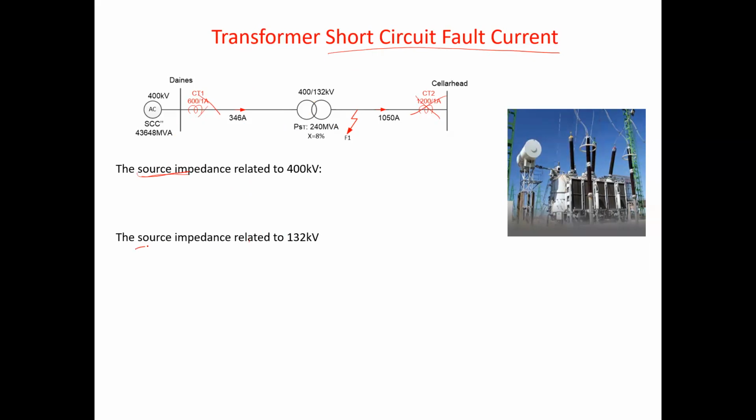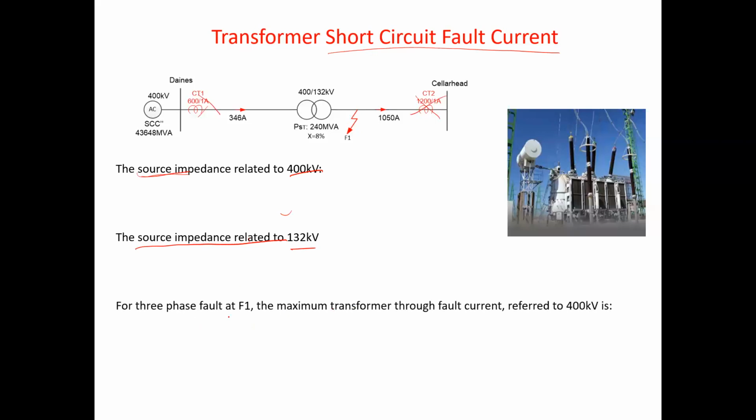And the second is what the source impedance is related to the voltage, at 400 and 132. From that we can calculate the fault current on 400 kV and on 132 kV, on this side and then on this side.